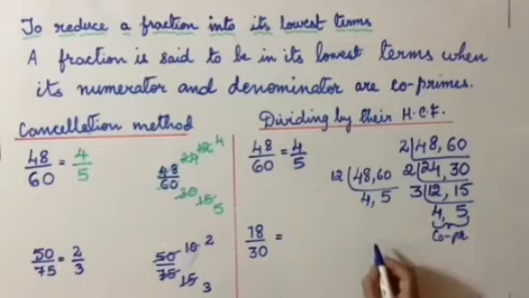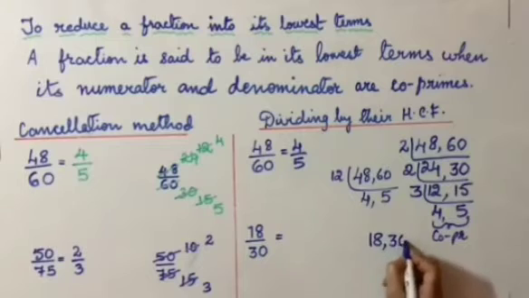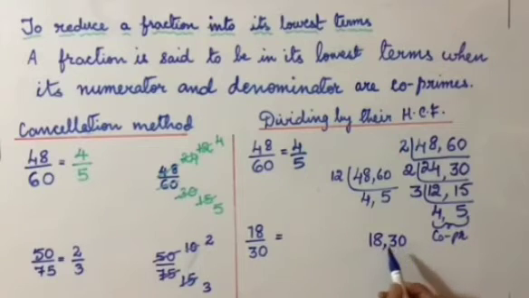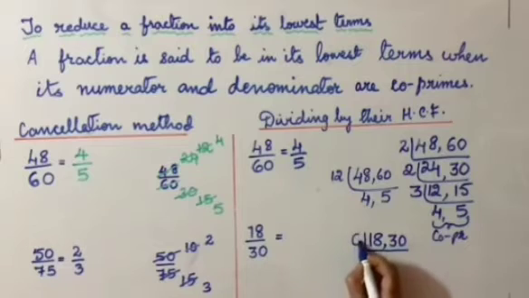Clear, children? Now let's see the HCF method. I have 18 and 30. I hope you're following. Now can you think of the highest common factor? Is it 2? Do you think 2 is the highest common factor for 18 and 30? So, the highest common factor, I'm sure you all have guessed, is 6.